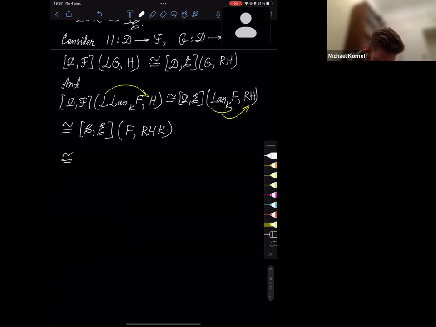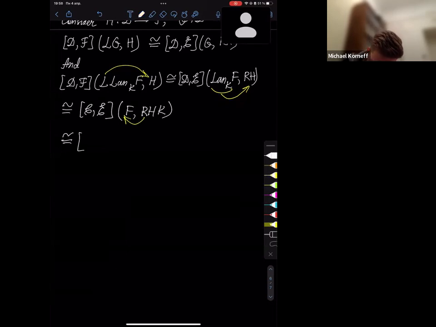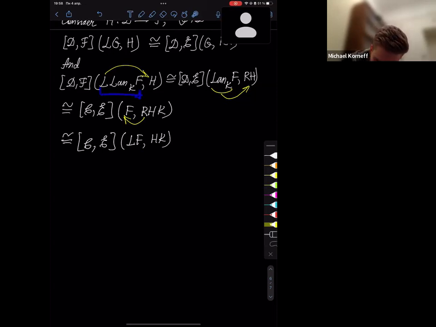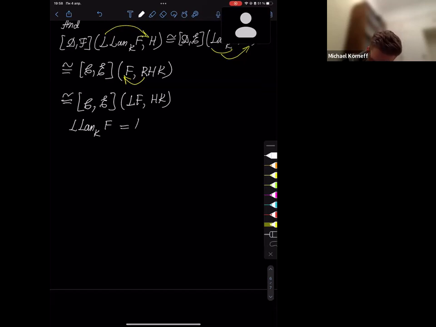And also we move like this, and hence we obtain that natural transformations between this functor and H and L, F, and HK are isomorphic, and hence we can conclude that by the universal property of the left Kan extension, this functor is the same as this one.